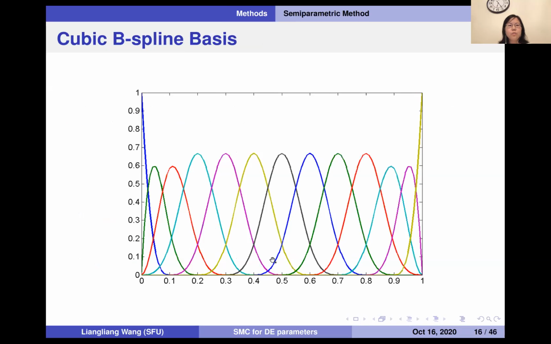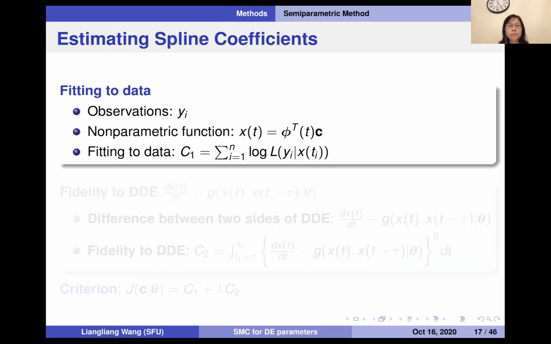Here I'm showing you one example of the B-spline basis functions. You can see each curve represents one basis function. In terms of the estimation of the parameters, besides the parameters in the DDE, we also need to estimate the coefficients of the basis functions.